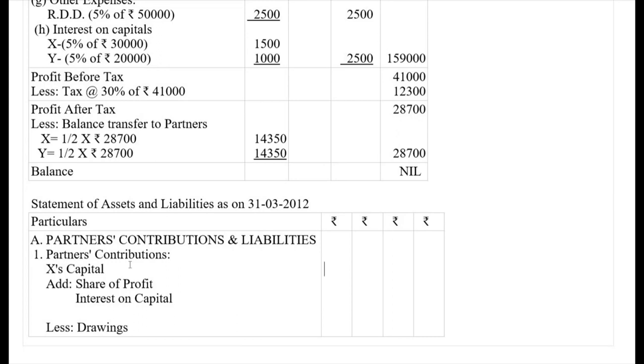So X's capital is given as rupees 30,000 here. This is share of profit, which I calculated here as 14,350. The interest on capital belonging to X is rupees 1,500. So let me underline this here. When we take the sum of this, it will be 45,850.